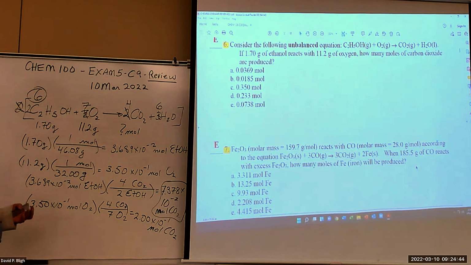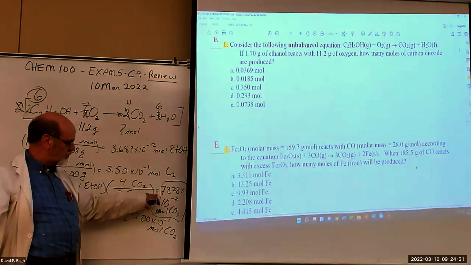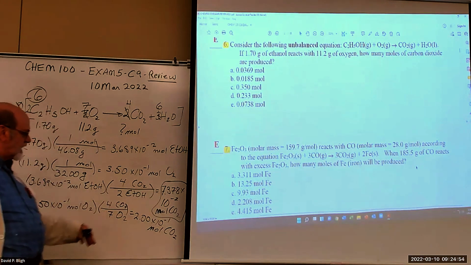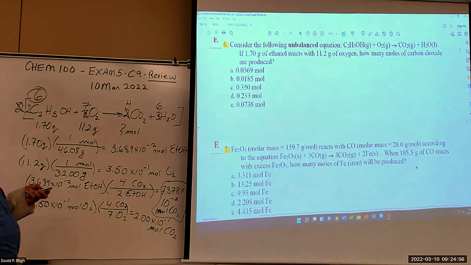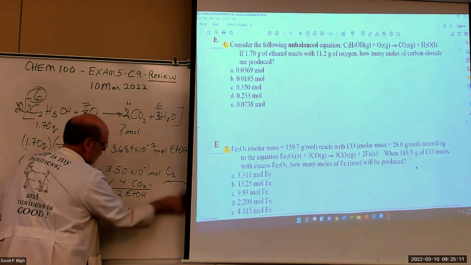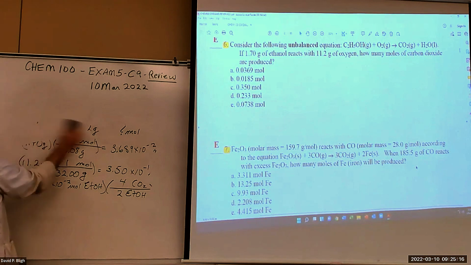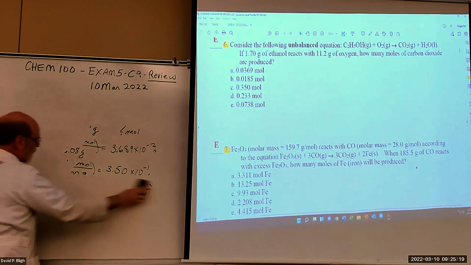And since all the answers are in standard notation, we have to convert. So we move the decimal place 2 to the left, and we get 0.0738. Here we go, 3 significant figures. All righty. That was a little more complicated.